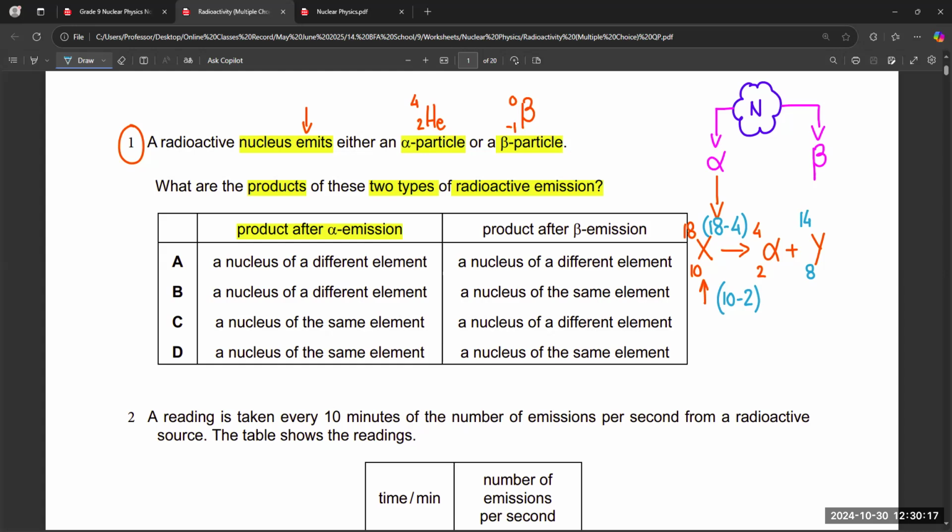According to the equation, we observe that the proton number changes and the neutron number also changes, right? Because we got 8 and 14. Initially, we had 10 and 18. So what do you think from these four options? The first option is a nucleus of a different element. So is it possible that we will get a nucleus of a different element in the final result?